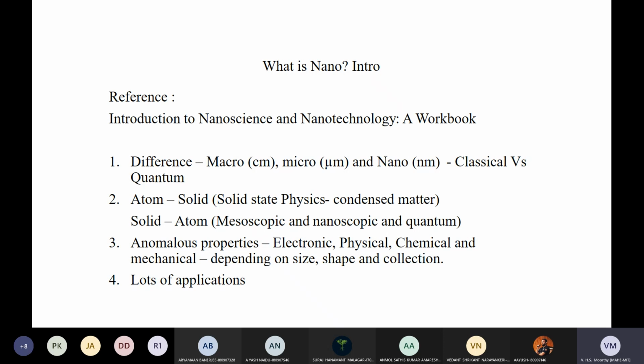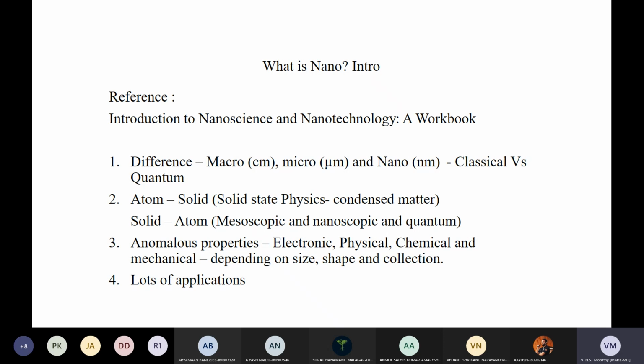Previously we knew only the solid, but once we came to understand how to make micro materials, the size of the material decreased.